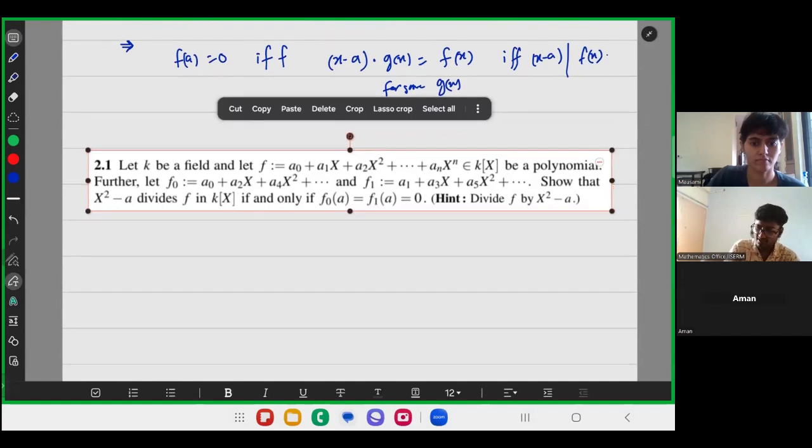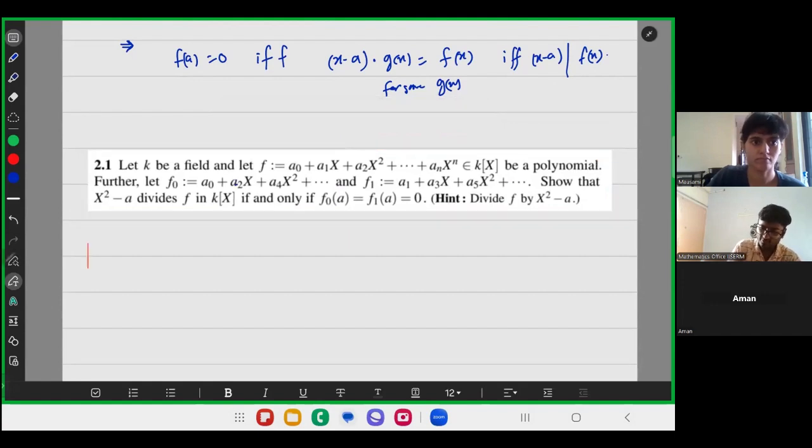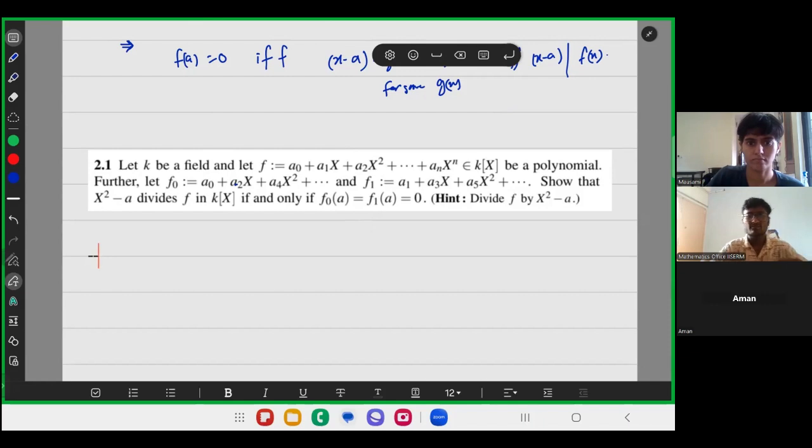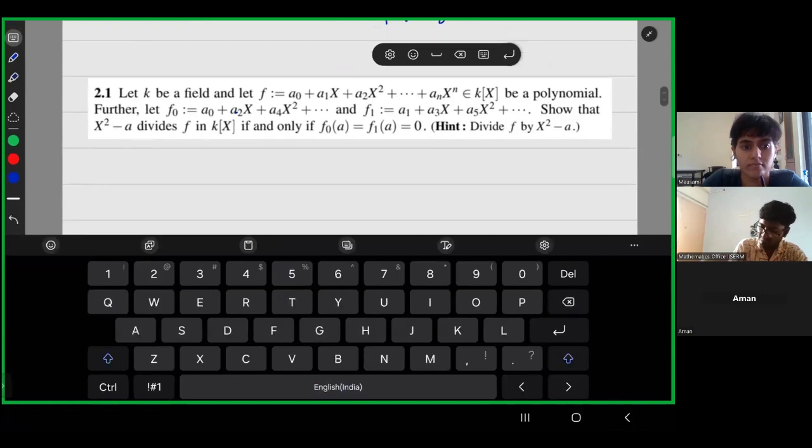K is a field and we have a polynomial f, and we are considering f0 and f1, which are related to the coefficients of f. We want to show that x square minus a divides f if and only if a is a root of both f0 and f1. The hint is given. Let's see what we can do.